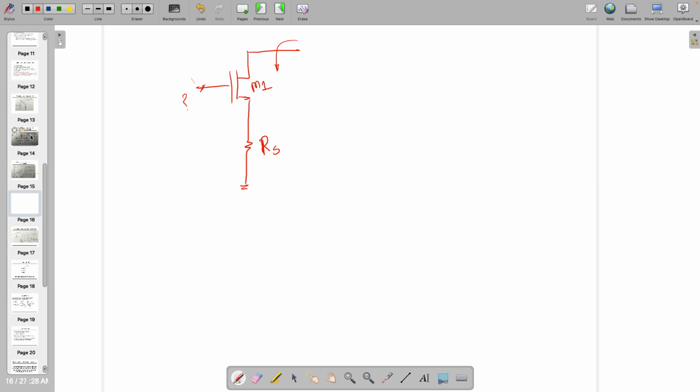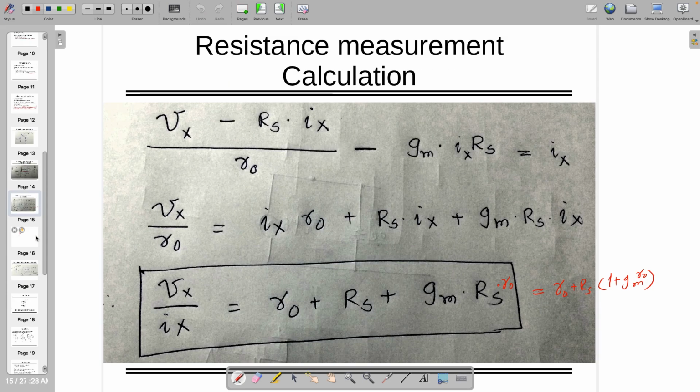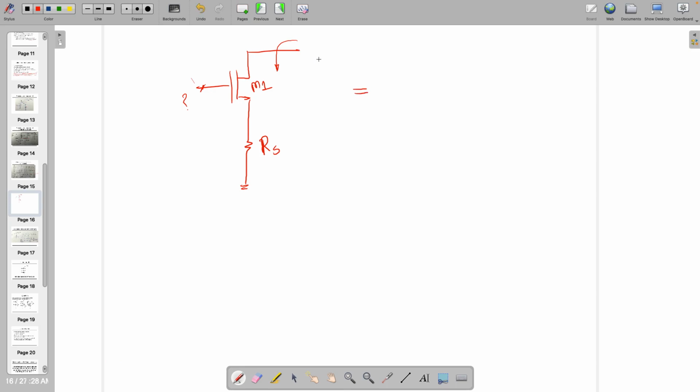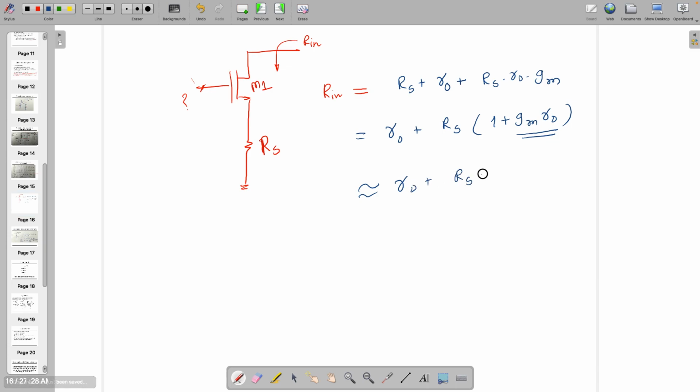If it is in saturation, then this small signal model holds, and that gives Rin equal to Rs plus R0 plus Rs times R0 times Gm, that is, R0 plus Rs in common and 1 plus GmR0. Understand, GmR0 is always much higher than 1, so I can approximate this as R0 plus Rs times Gm times R0.